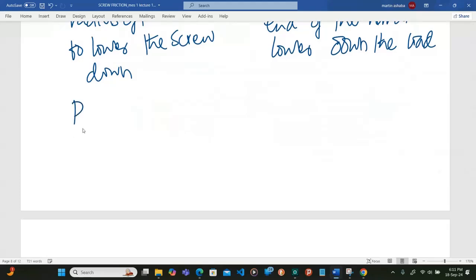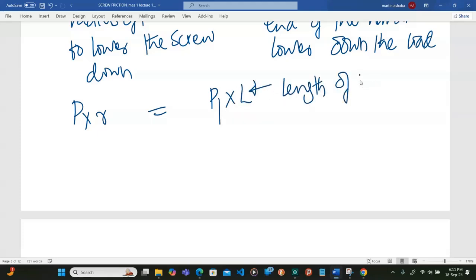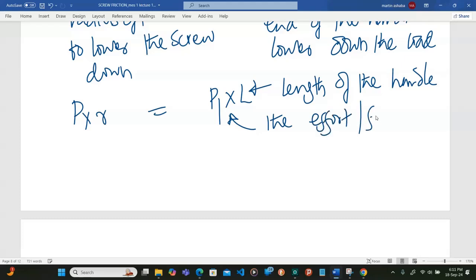This tells us that P times R will equal P1 times L, whereby L is the length of the handle, and P1 is the effort applied, effort stroke force applied.